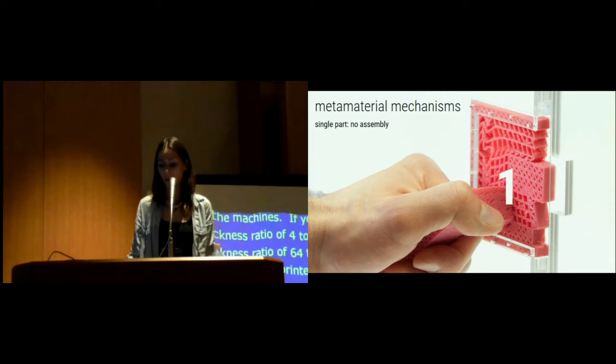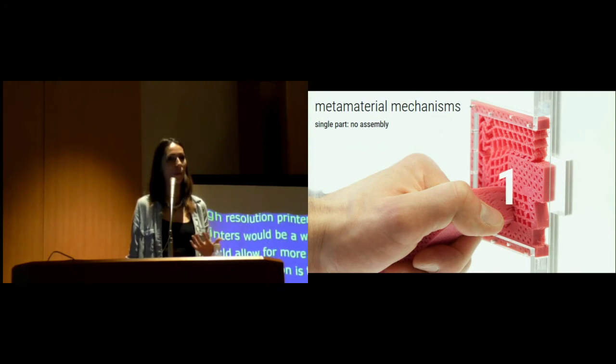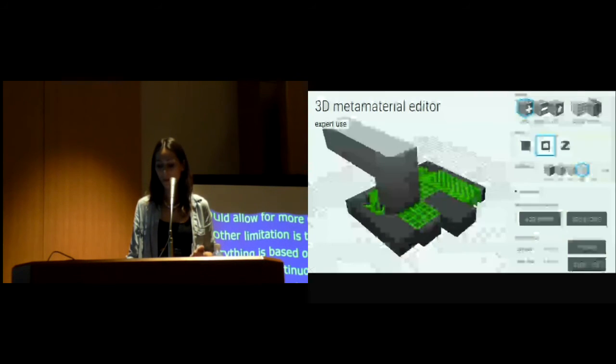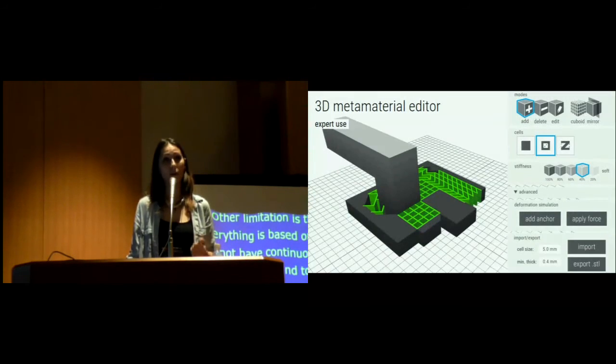And to conclude my talk, I presented metamaterial mechanisms, which have the benefit that they implement mechanisms or machines into one single part, so there's no need for assembly. We also showed a 3D editor to create these machines. However, as it's mechanics, you need to have some knowledge there, so it is still an expert tool.